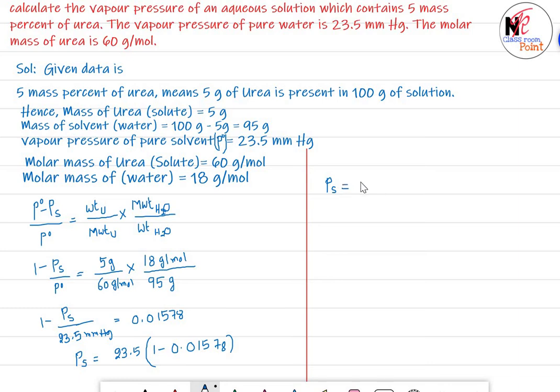PS is equal to 23.5 into this value, 1 minus 0.01578, which is 0.98422. By multiplying all these, we will get PS equal to 23.129 millimeters of mercury. That is the vapor pressure of the solution.